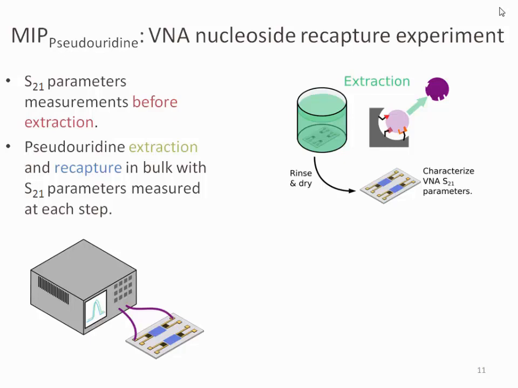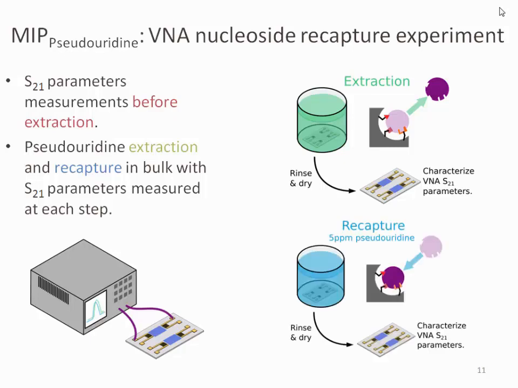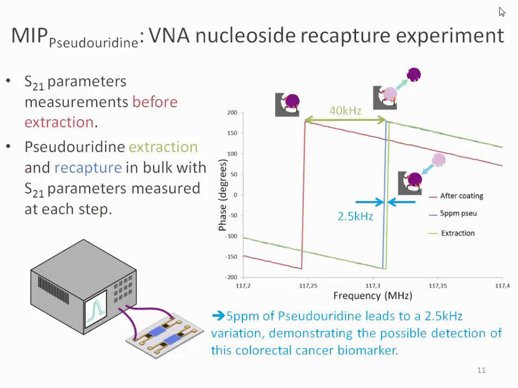We rinse and dry the sensor, and we characterize the S21 parameter. And after that, we perform the recapture experiment, in that case with a 5 ppm pseudouridine. So we dip the sensor into this solution, we rinse and dry, and we characterize again the S21 parameters. So this gives us those curves with the phase plot against frequency here.